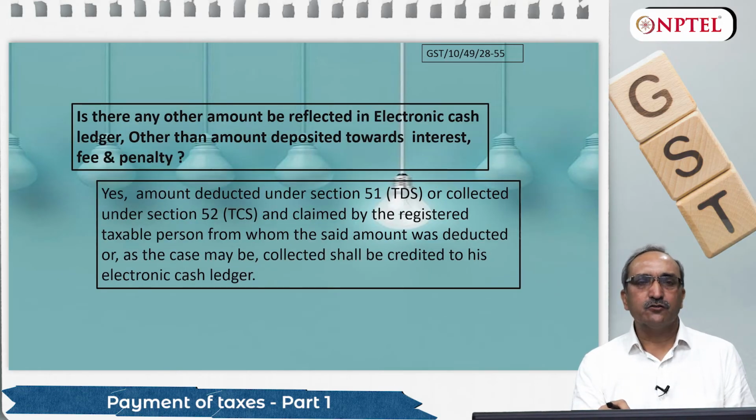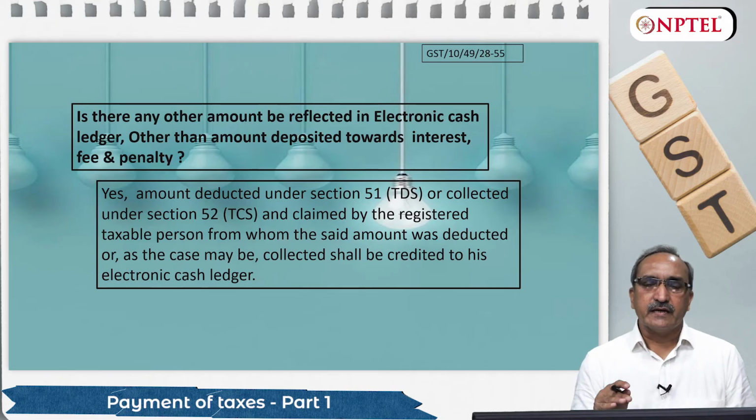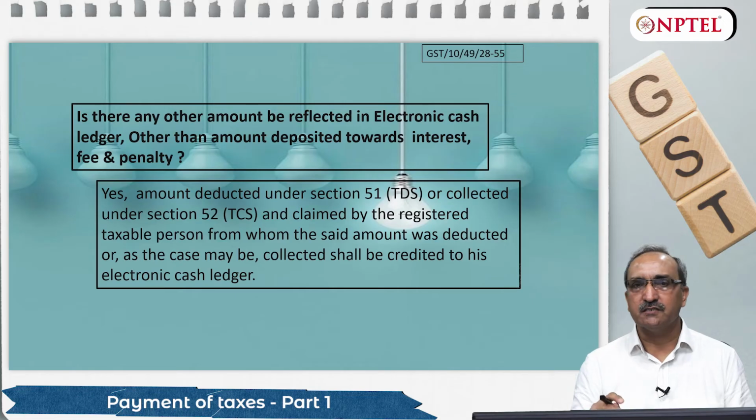I mentioned earlier also from where balance comes to the cash ledger. One is by generating a challan, by paying through check, NEFT, net banking, RTGS, like this. And apart from this, in the cash ledger we also get payment if our TDS or TCS is deducted.